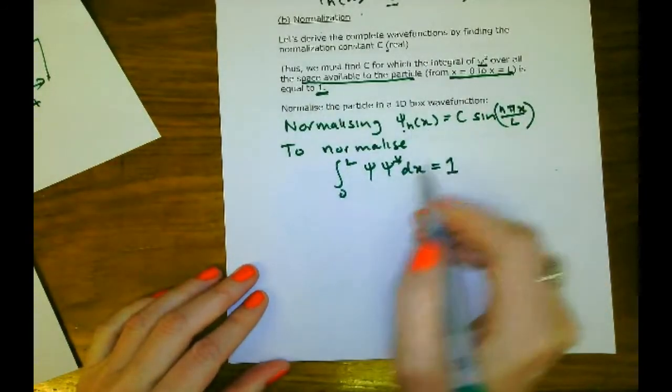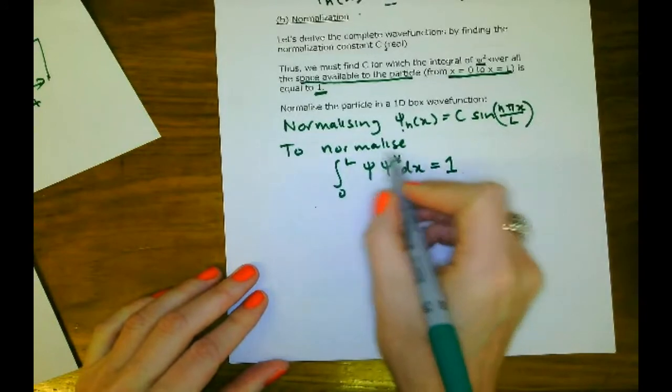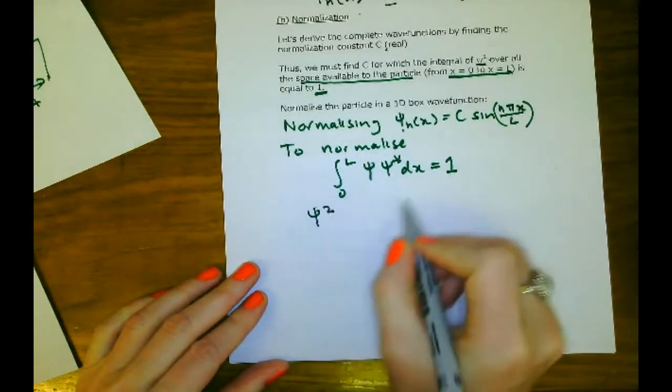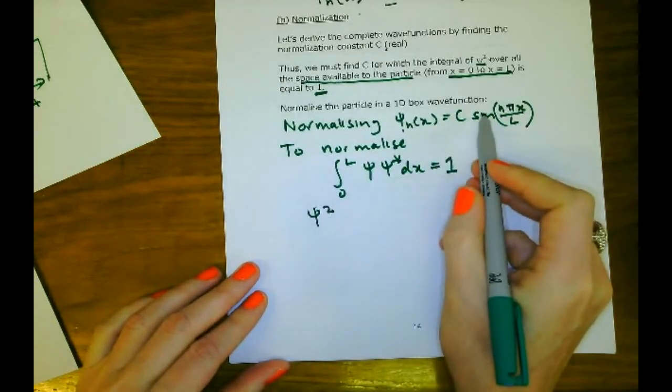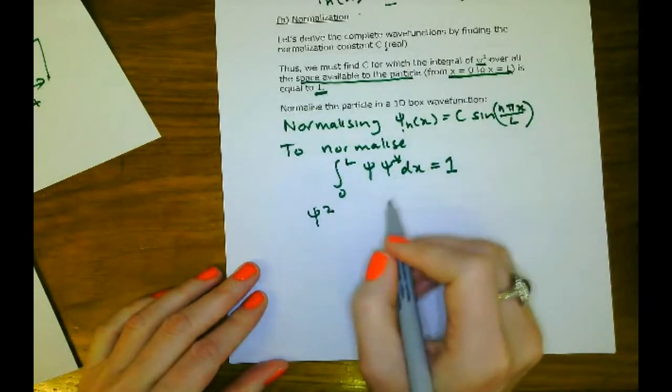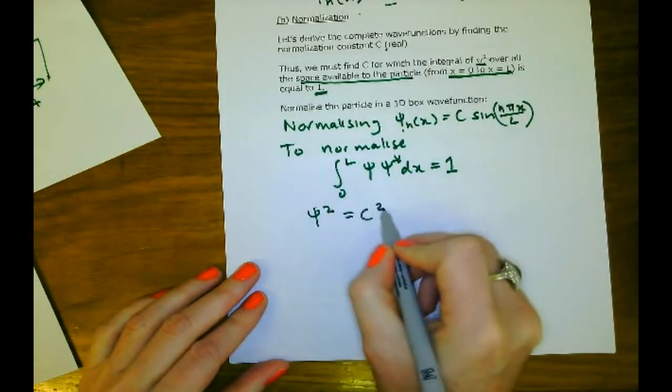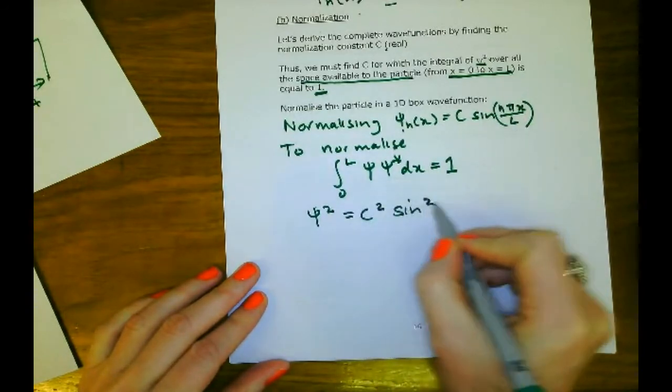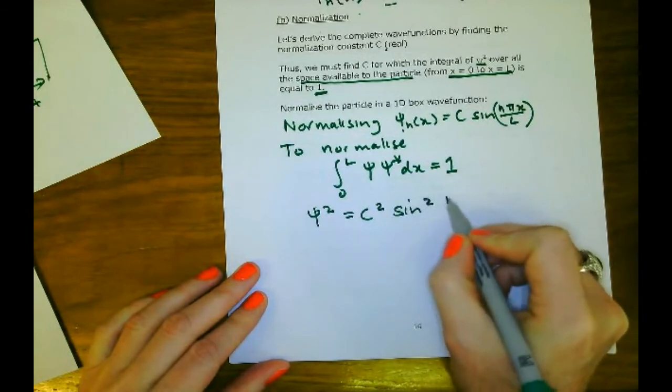In this case, our wave function looks like that. We have the square of the wave function here. We don't have an i in the wave function, so the complex conjugate doesn't really make a difference. So the square of the wave function looks like that.